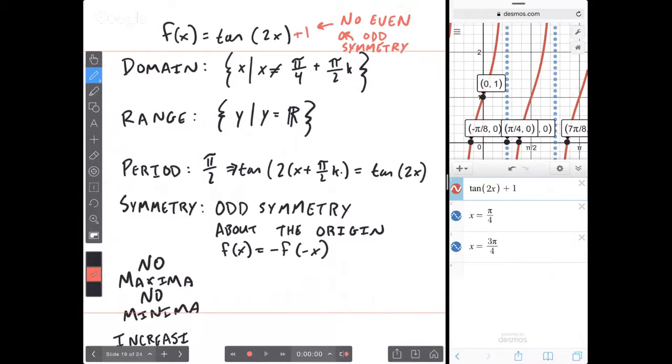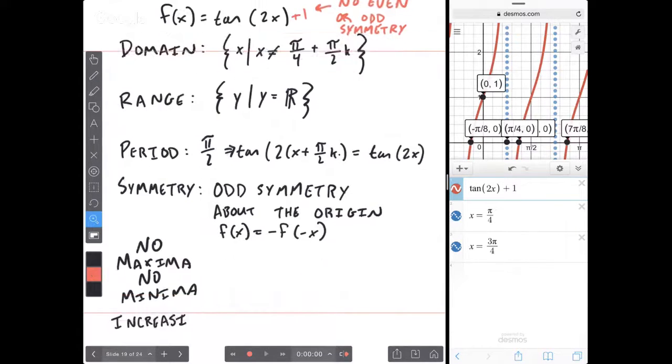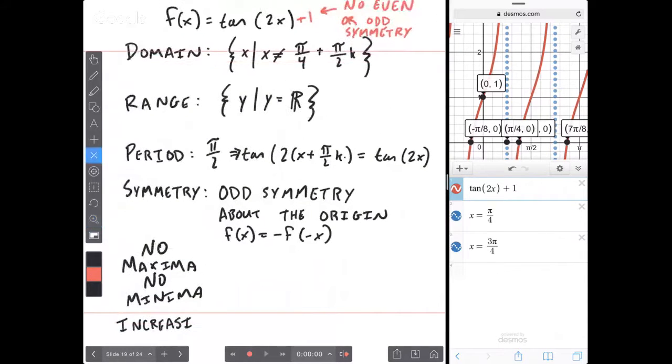Odd symmetry is only symmetry about the origin. Tan of 2x plus 1 would have neither symmetry about the y-axis nor symmetry about the origin, so the symmetry would be neither even nor odd. It would not have even symmetry or odd symmetry. But again, we don't have that. We do have tangent of 2x, which does have odd symmetry.